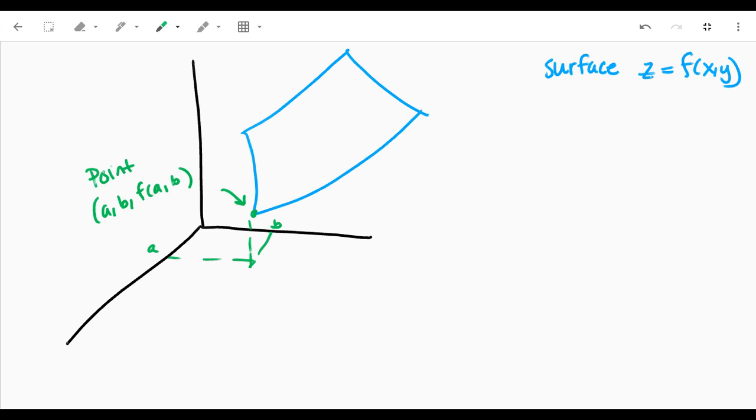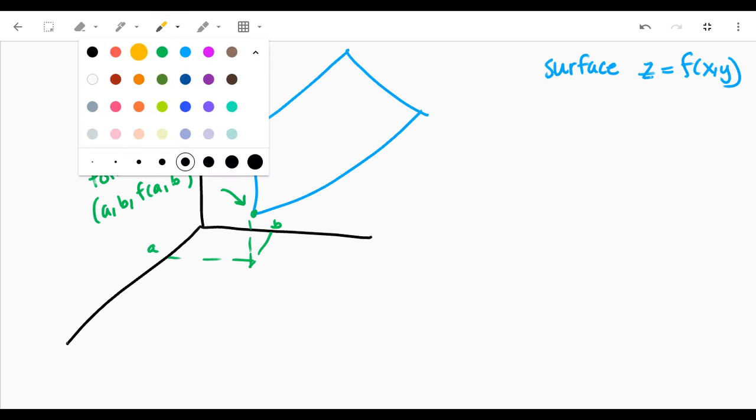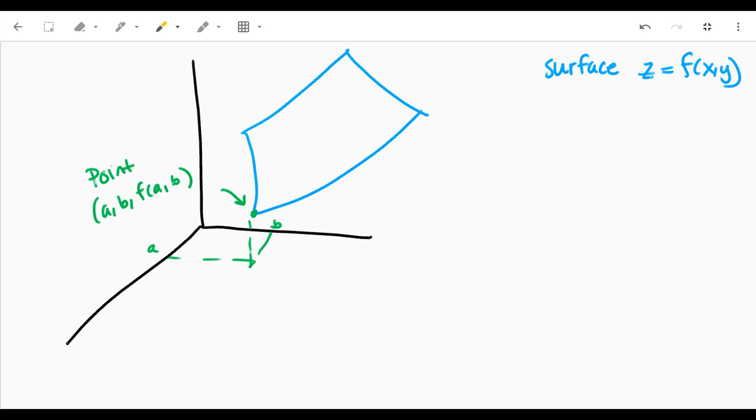So I'm going to try to draw that. Maybe use kind of a lighter color here. So let's think about what would be going on right at that point. Maybe we've got a tangent plane that looks like that. Think about if that blue curve was maybe coming back up, and remember we use that term like it just kisses the plane there.